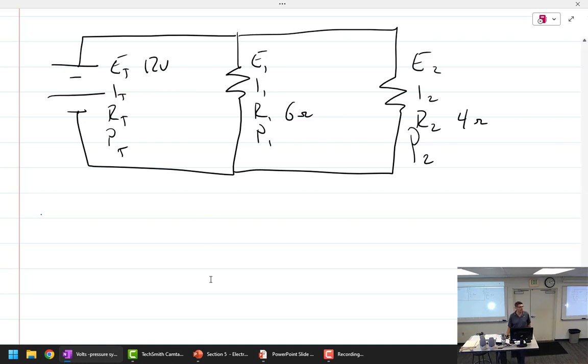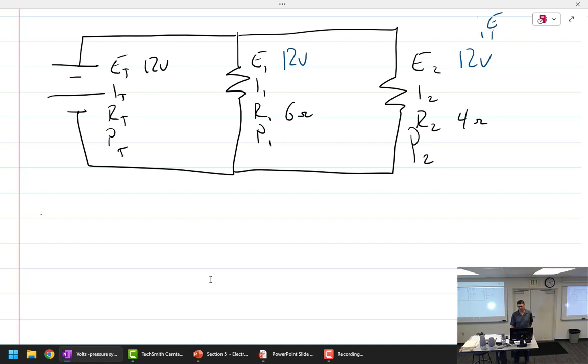All right, ready? What's the first thing you did? Voltage. You went voltage. 12 volts. 12 volts, because voltage stays the same. Now what? Ohm's law for current. Okay. We can use Ohm's law.